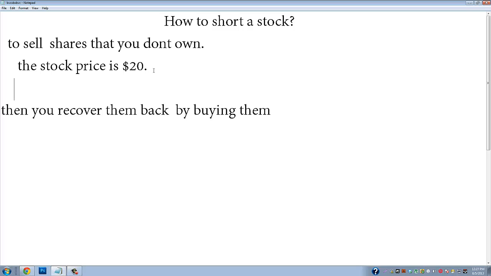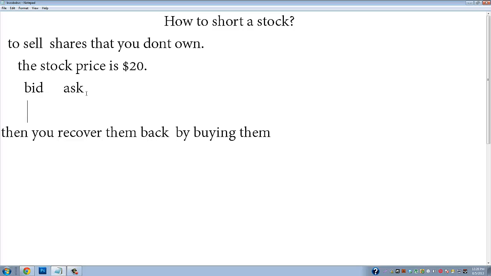When you want to buy or sell, we have what we call the bid, and we have the ask. The bid here, you find sell, and in the ask, as you might know, it says buy.